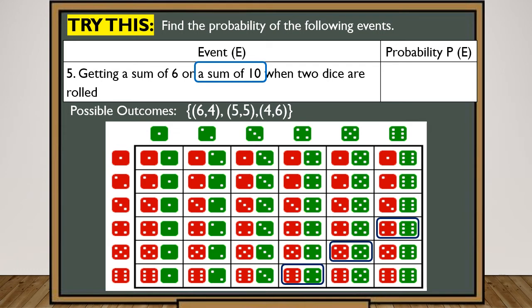Out of 36, we only have 3 possible outcomes with a sum of 10. So we have 3 out of 36, or in the simplest form, 1/12. So this is the probability of getting a sum of 10. Now the event is getting a sum of 6 or getting a sum of 10. What do we do next?